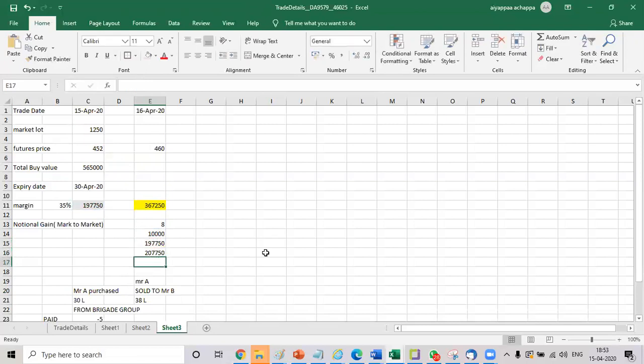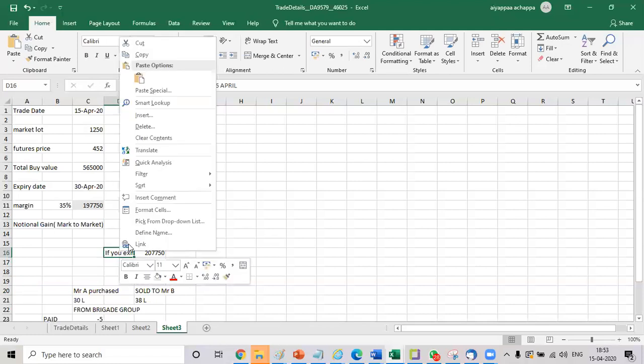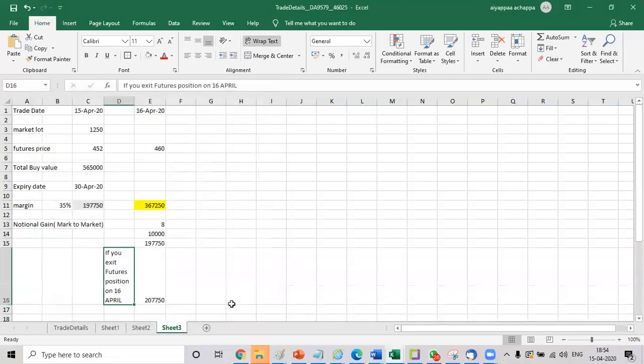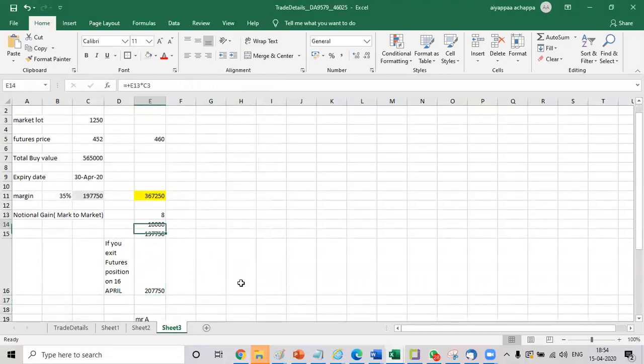So you get back 2,07,000 if you exit your futures position on 16th April. So if you exit your position, how much will you collect? You will collect 2,07,000: 10,000 profit plus 1,97,000, which you have kept as margin. So you get it.